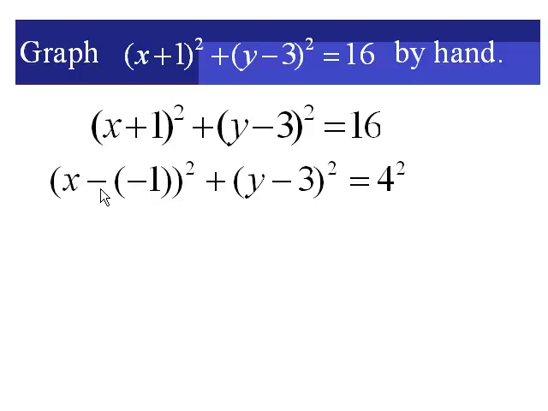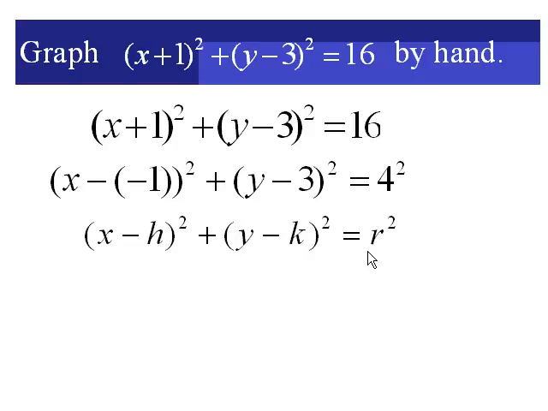Now I can compare x minus a minus 1 with x minus h, and y minus 3 as it was given with y minus k. And r squared with something squared, well, they were nice to give 16, so 16 is 4 squared, so r squared is 4 squared.